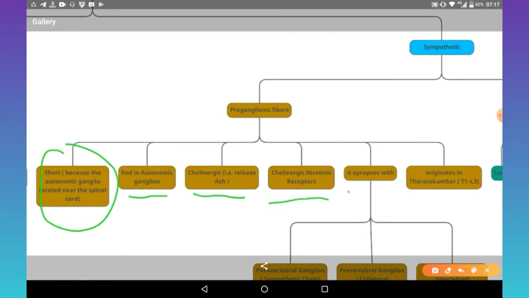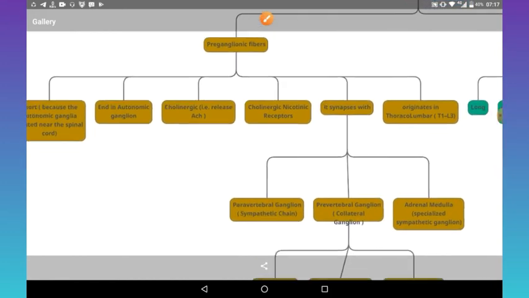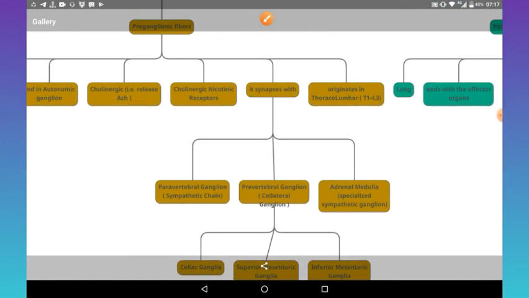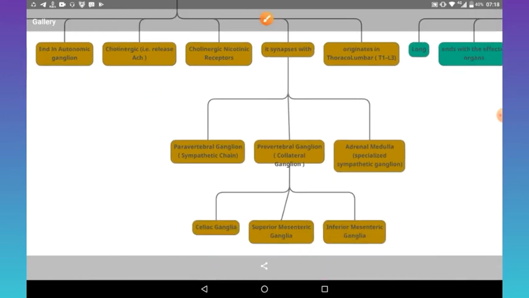They synapse with the sympathetic chain, which are paravertebral ganglia or prevertebral ganglia, collateral ganglia, specialized collateral ganglia, or the adrenal specialized sympathetic ganglia. The collateral ganglia divide into three types: celiac ganglia, superior mesenteric ganglia, and inferior mesenteric ganglia.